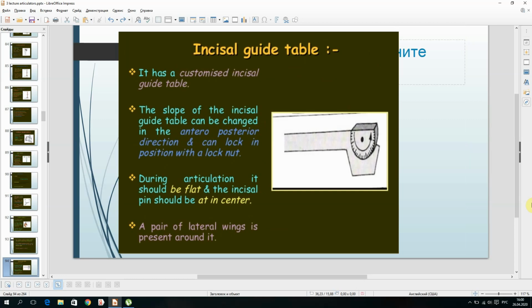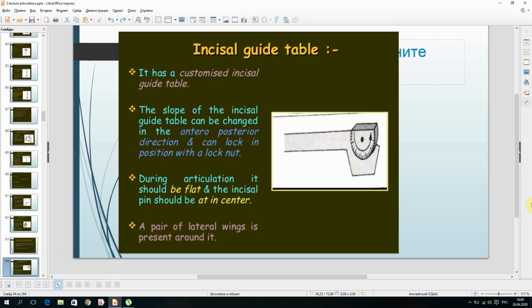Incisal guide table. It's a customized incisal guide table. The slope of the incisal guide table can be changed in the anterior-posterior direction and can be locked in position with a lock nut. During articulation, it should be flat and the incisal pin should be at its center.